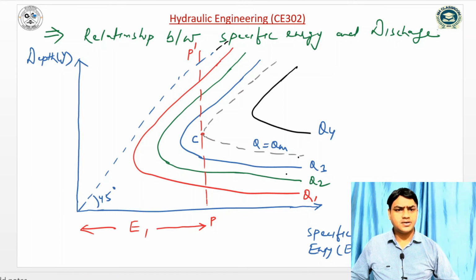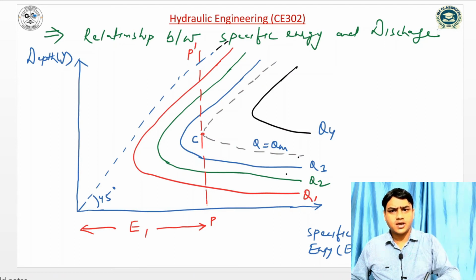We can see that this is the depth versus specific energy curve, and for different discharges I have drawn the specific energy curve. This is for the discharge Q1, this is the specific energy curve. For Q2, this is the specific energy curve. For Q3 and Q4, and this is the specific energy curve I have taken when discharge is the maximum discharge.